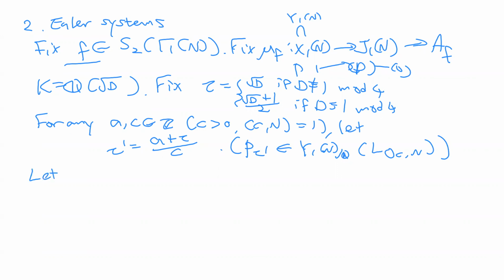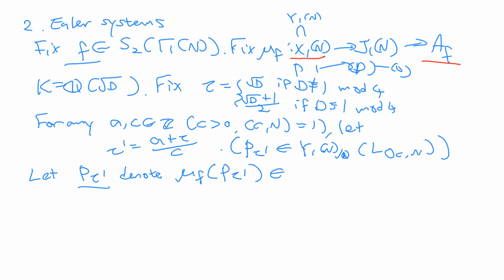For simplicity, we let the same notation denote mu sub f, the modular parameterization, the map from here to here. Let this denote mu sub f of this point.